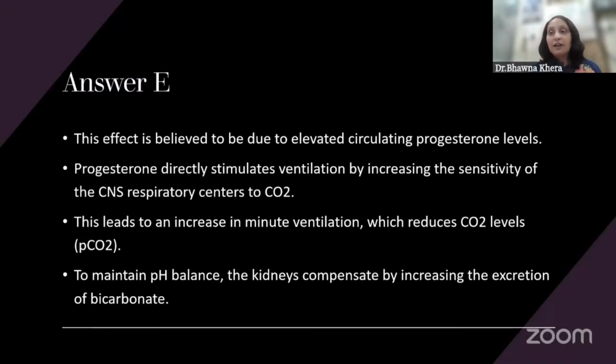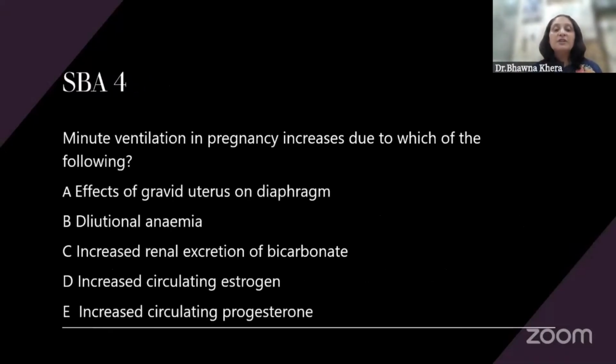If we look at the options, the increased renal excretion of bicarbonate is also correct. It is also happening in pregnancy, but that is not causing the minute ventilation increase. Minute ventilation increase is causing the CO2 wash off.